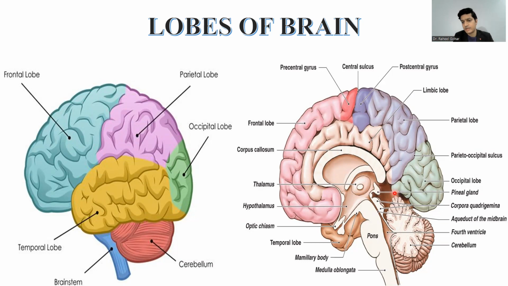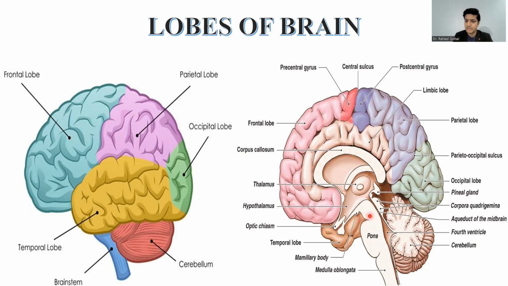It is not shown here, but this is where the tentorium cerebelli will be. In the supratentorial compartment, we have all four lobes: frontal, parietal, temporal, and occipital. And in the infratentorial compartment, we have the brainstem and the cerebellum. The brainstem is basically divided into three parts.